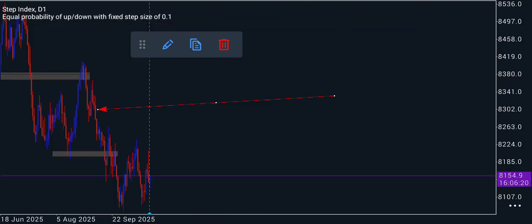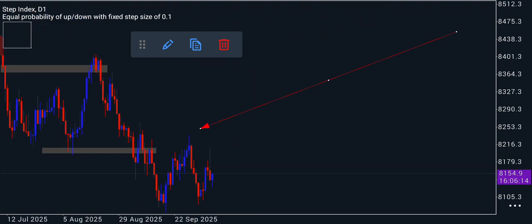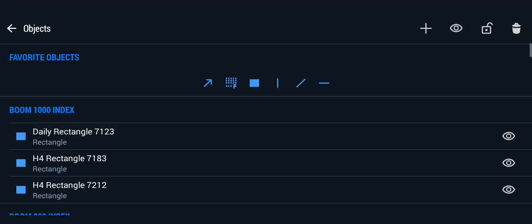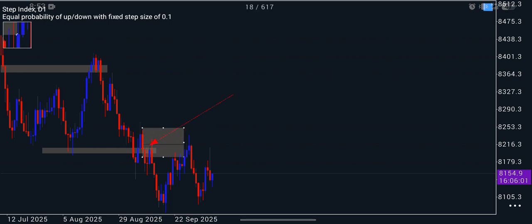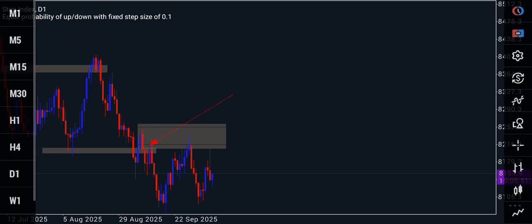So we are now analyzing the market. If you look at it perfectly, market came back to retest this zone again. Let me mark it out. Market has come to retest this zone. Market tested, retested, and pushed down impulsively.